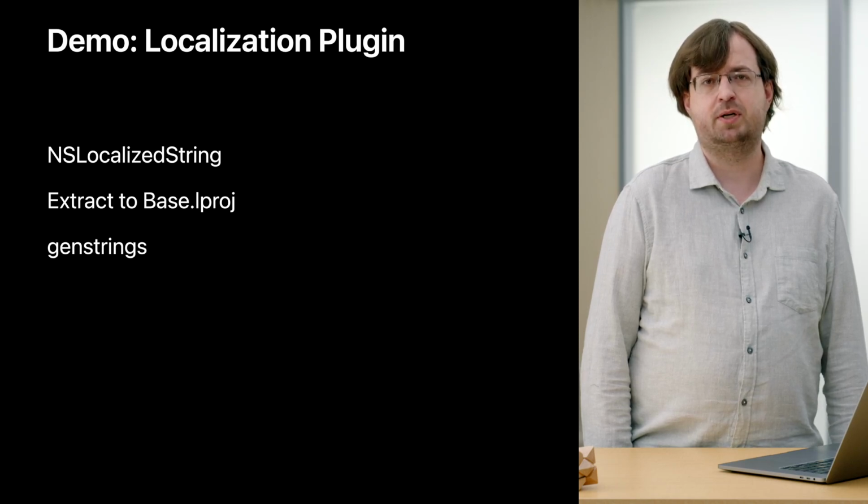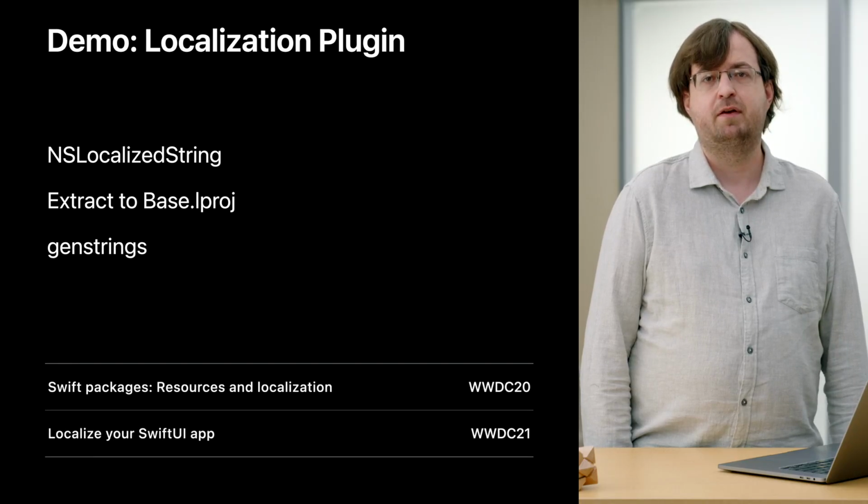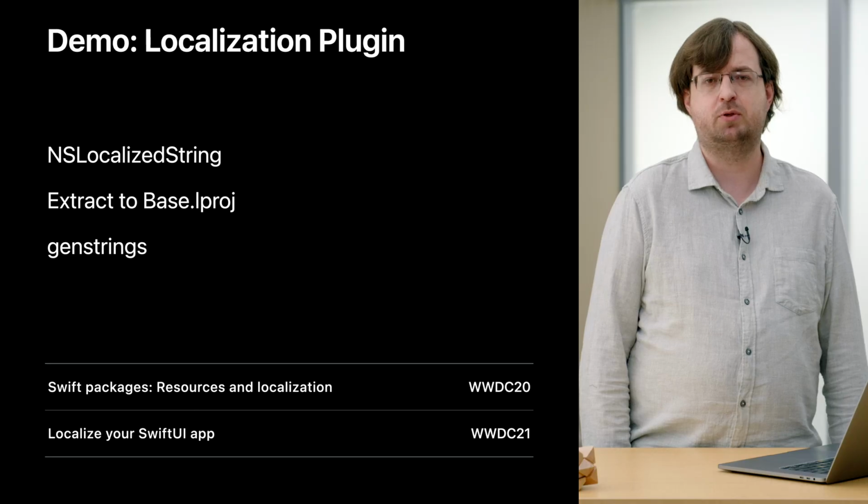Since that seems generally useful, I'd like to make the plugin a separate package, so that it can be shared independently. If you'd like to learn more about resources and localization in packages, I would recommend the WWDC20 session on that topic. For more information about localization in general, check out Localize Your SwiftUI App from WWDC21.